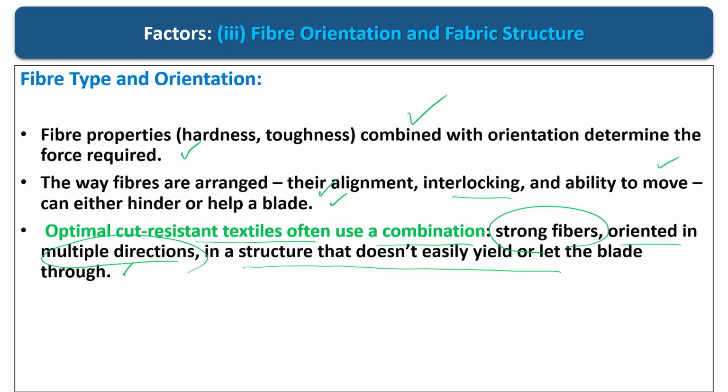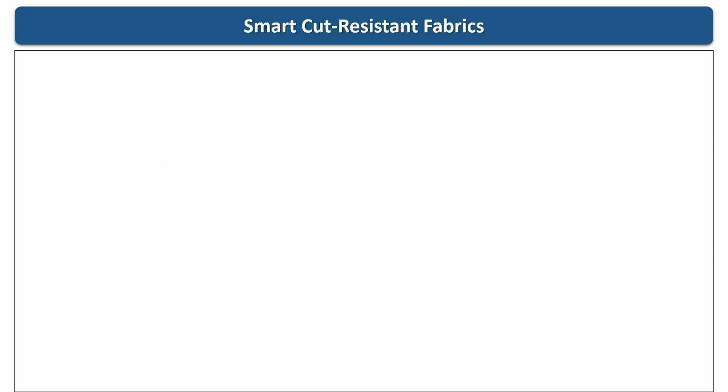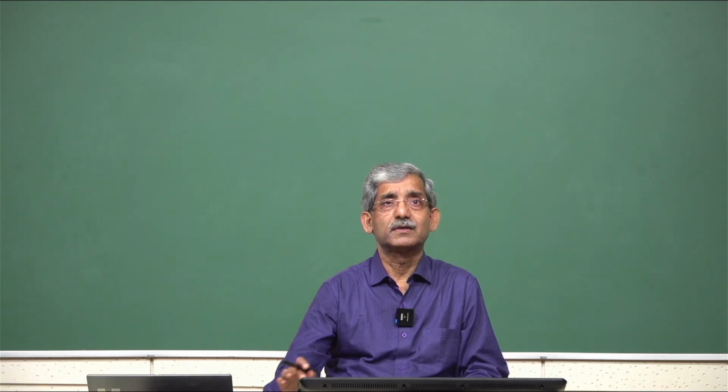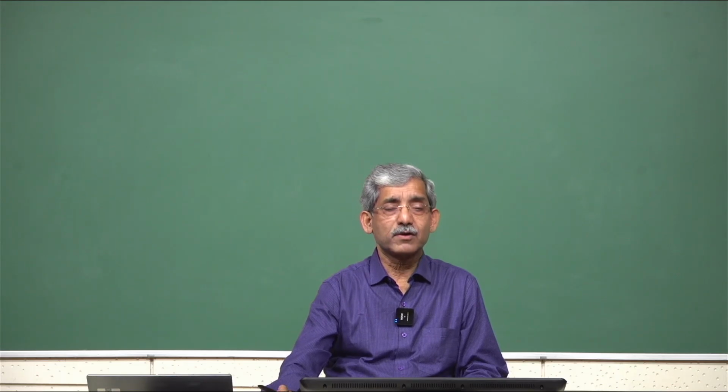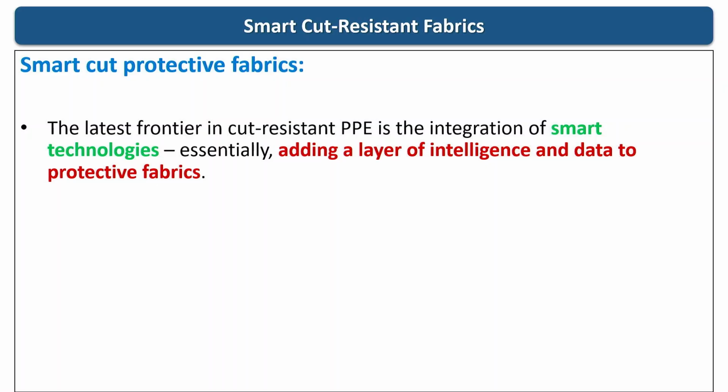So, after understanding the different factors, let us discuss some smart cut protective fabrics. The latest frontier in cut resistant PPE is integrating smart technologies, essentially adding a layer of intelligence and data to protective fabric.